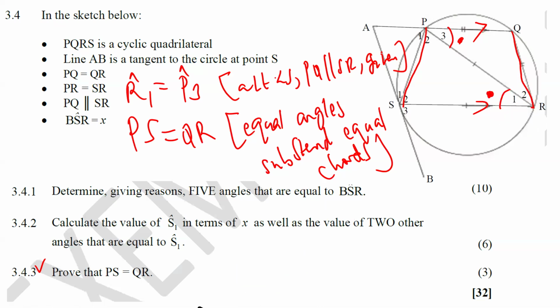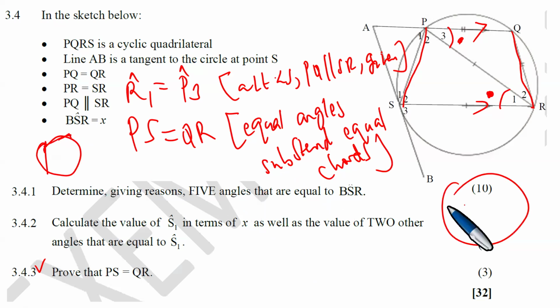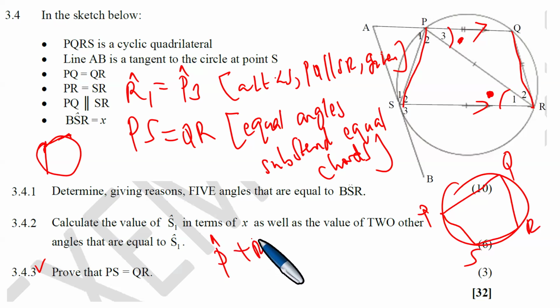This would be true at this point about the cyclic quad. You have done some questions on this, but there are also some results you need to know about cyclic quads: the opposite angles of a cyclic quad are supplementary. So if you have a cyclic quad PQRS, you would have that angle P plus angle R is 180 degrees.